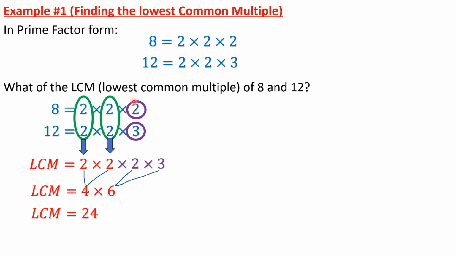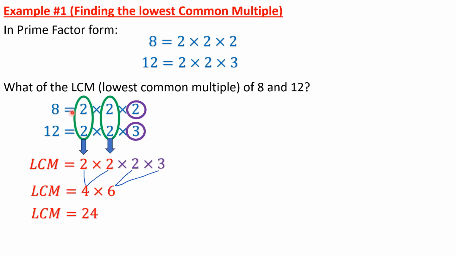So in order to find the LCM of both 8 and 12, we would put back the prime factorization, which is 2 times 2 times 2 for 8, and for 12 it will be 2 times 2 times 3. So the most common out of those numbers would be 2.